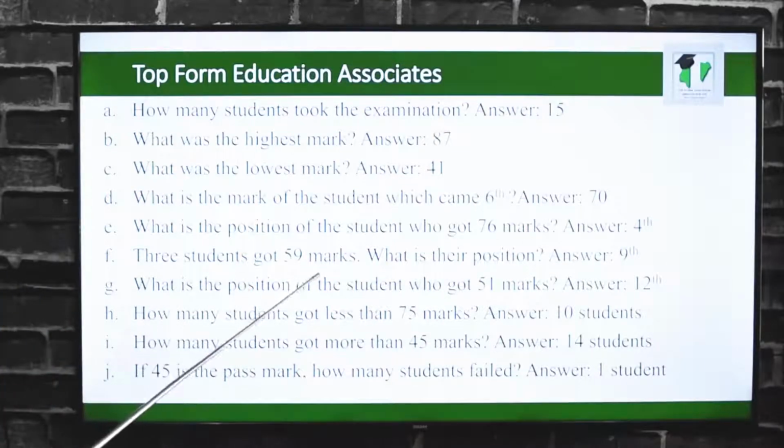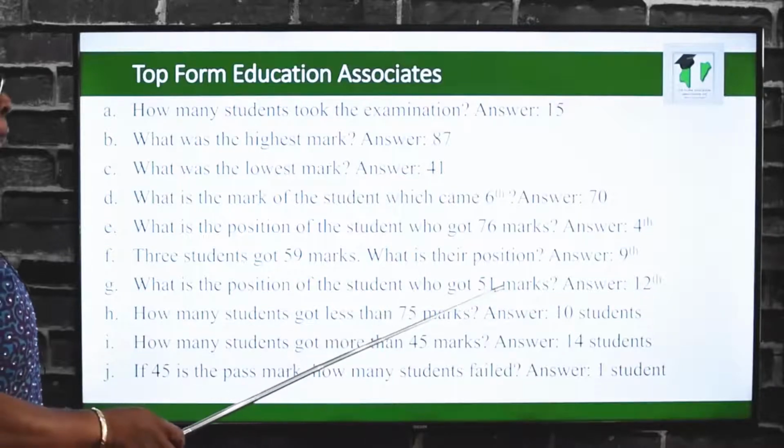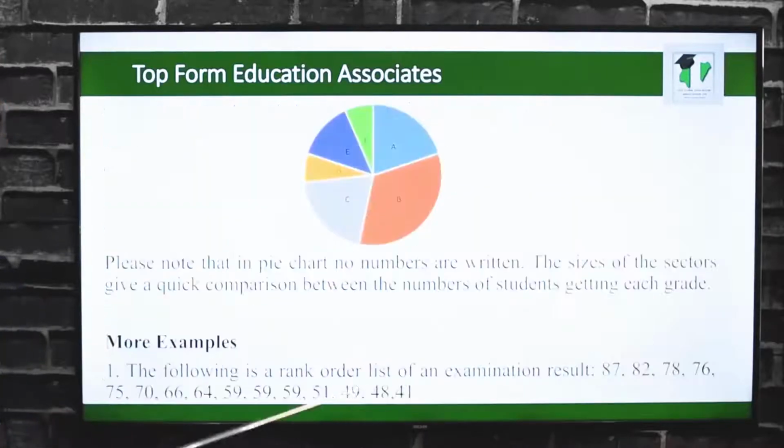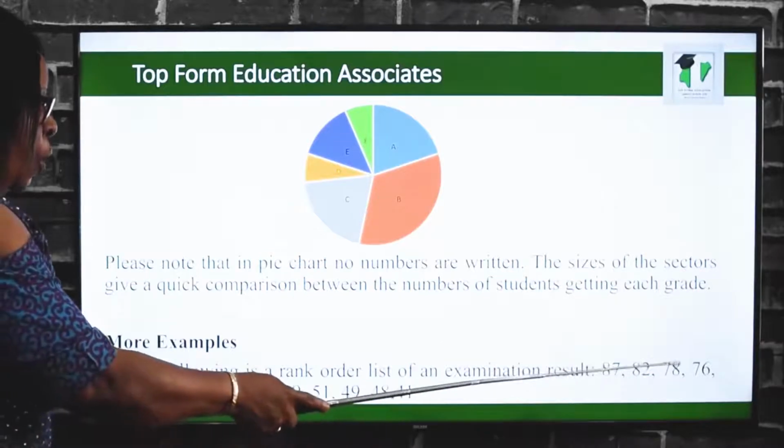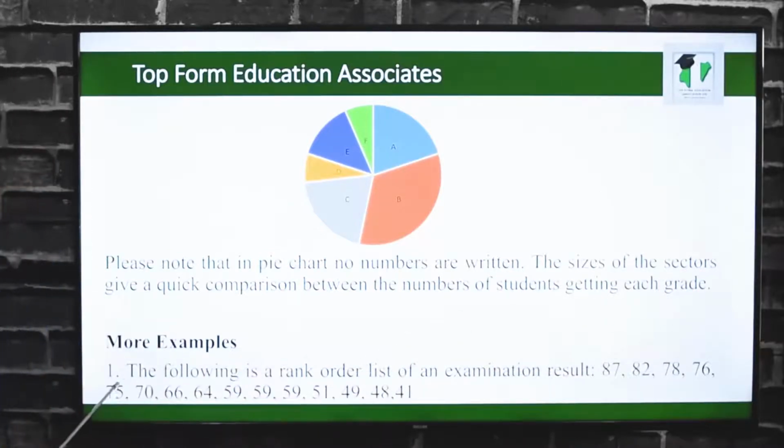What is the position of the student who got 51 marks? Good. First, second, third, fourth, fifth, sixth, seventh, eighth, ninth. Now, there are 3 students that scored 59 and they took position 9th.